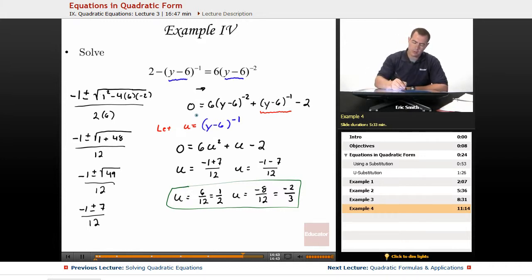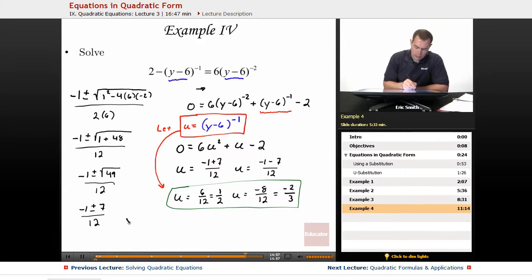We must go back to our original variable. We must work back all the way to those y's. So let's put those back in for u and see if we can solve this from here. Let's see, (y minus 6) to the negative 1 equals 1/2.